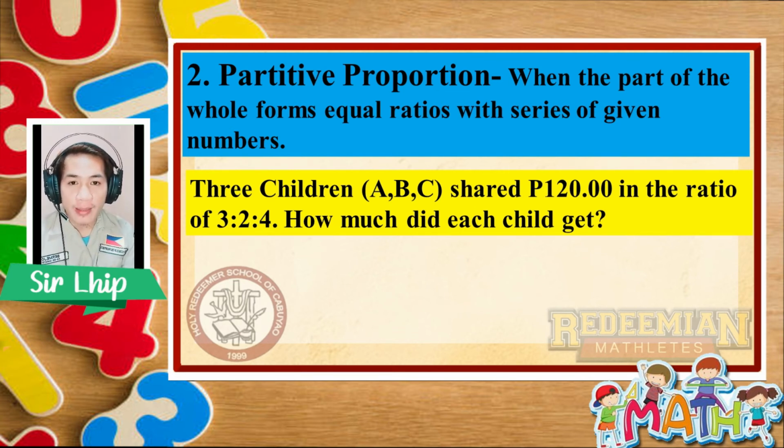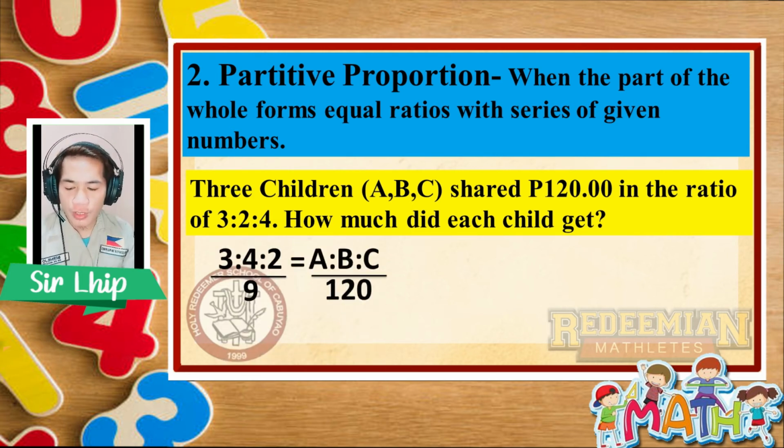So where do we get 9? 3 plus 4 is 7 plus 2 equals 9. So that will be the denominator.